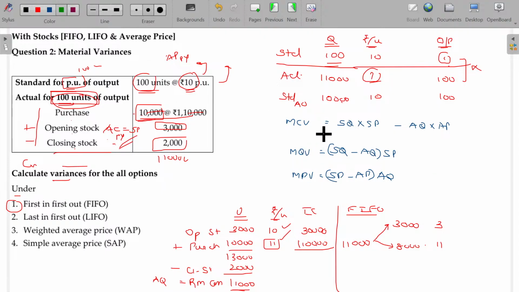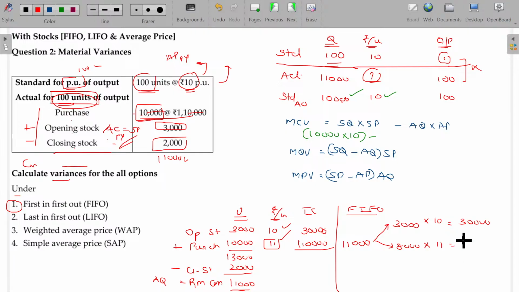What is the standard quantity here? 10,000 units. Standard price here being 10. Actual quantity being 11,000 anyhow. The actual price may be totally different here. 3,000 into 10, opening stock valued at previous year's cost, which is standard cost, 30,000.